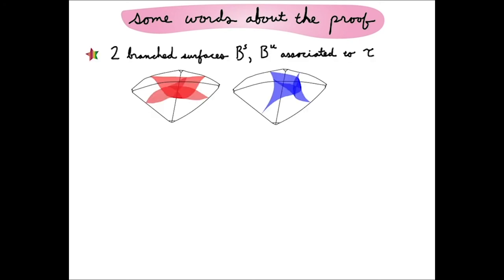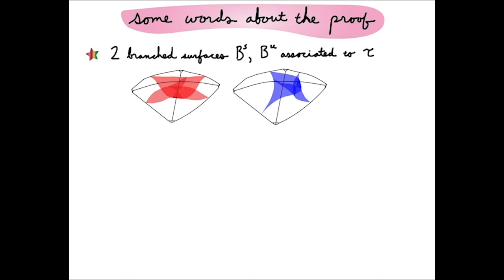What am I actually using to get a handle on the isotopy classes of taut surfaces? Well, if I have my veering triangulation, it turns out there are two branched surfaces that are dual to the 2-skeleton that I can naturally define, and these are sort of substitutes for the stable and unstable foliations of a pseudo-Anosov flow, and you can treat them as such.